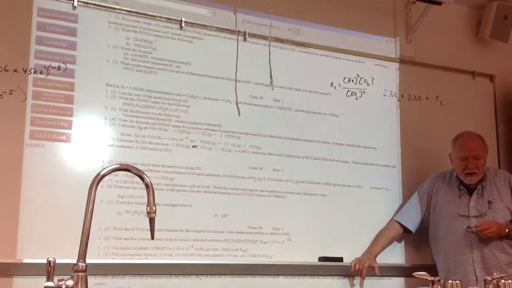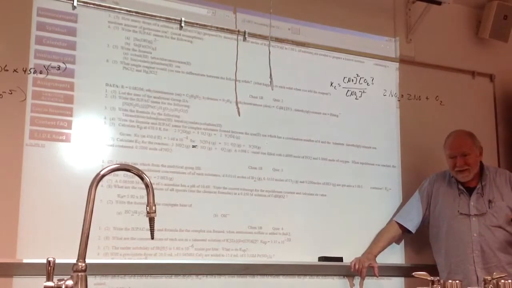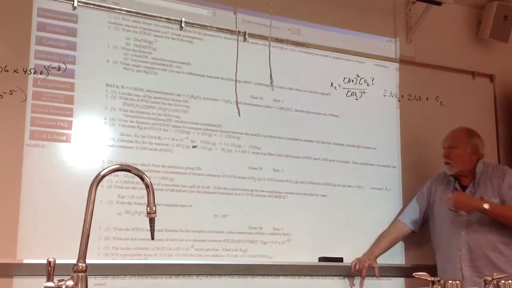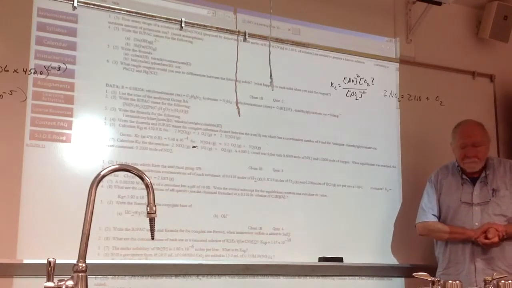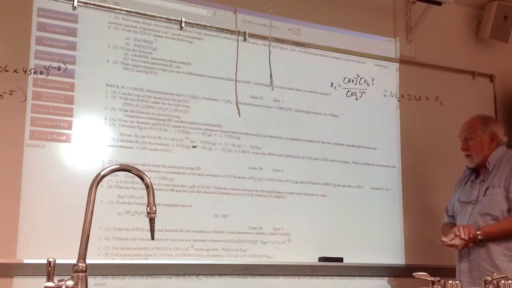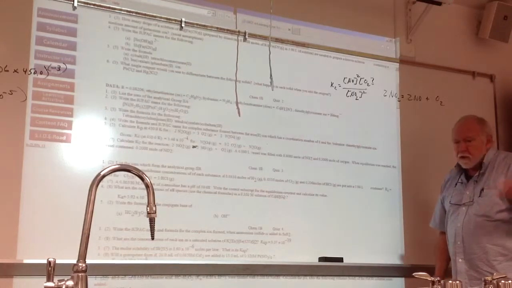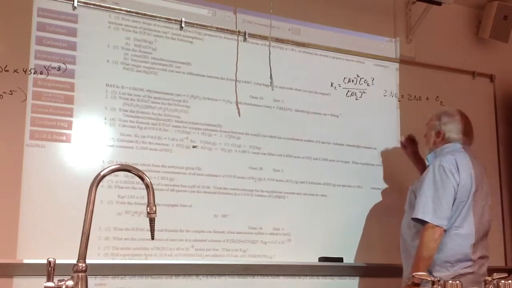And lots of times people forget at the end to convert moles to molarity. So I said the safest thing is to convert it to molarity directly and just work in molar concentrations in the ICE table. And when we get to acid-base equilibrium, which we should get to today, you're always working with molar concentrations, okay?